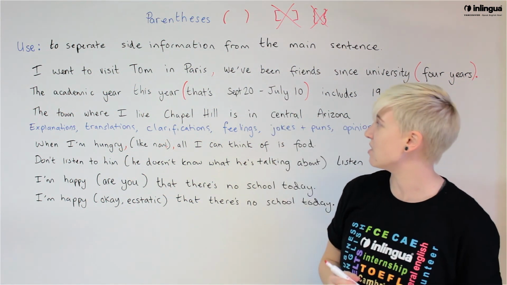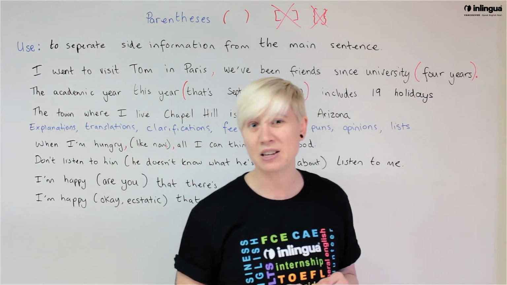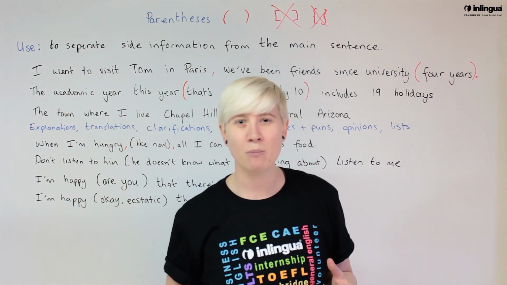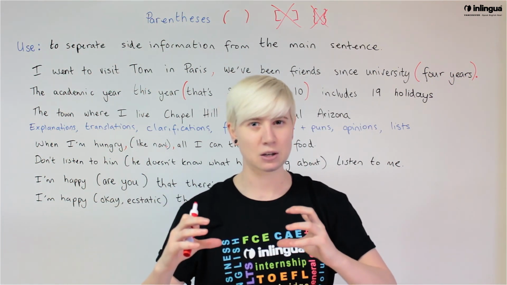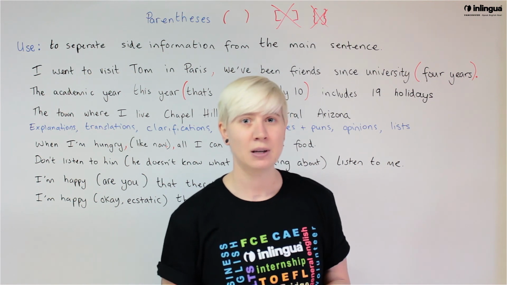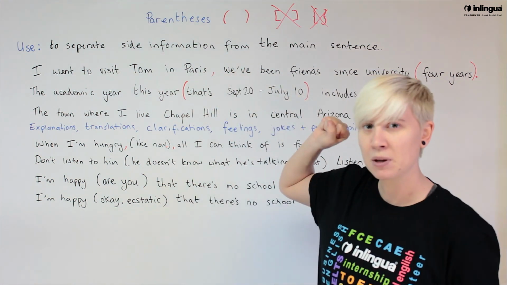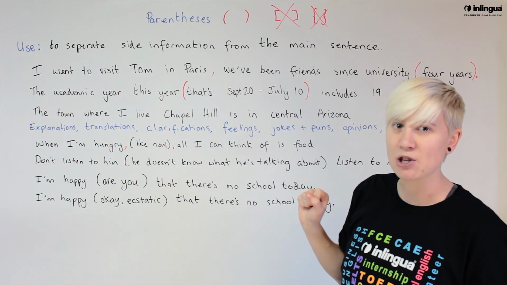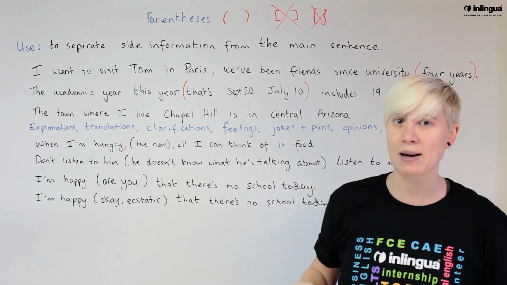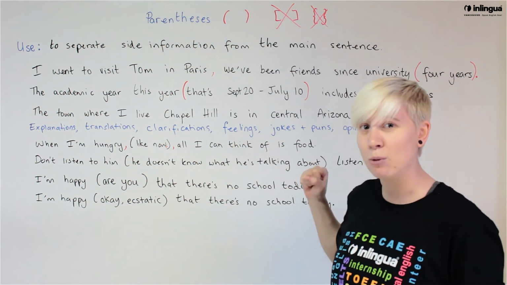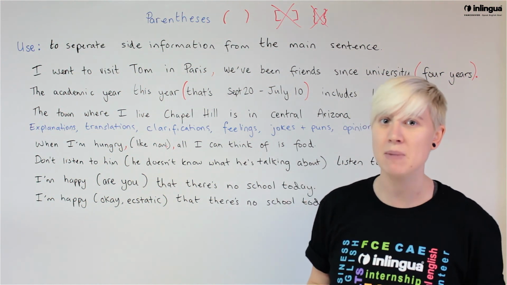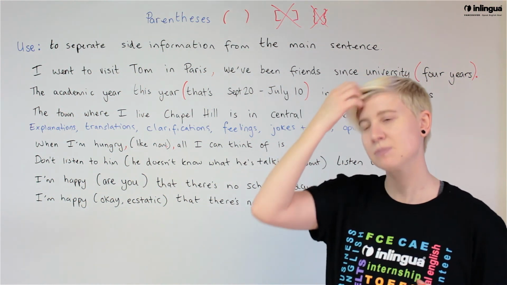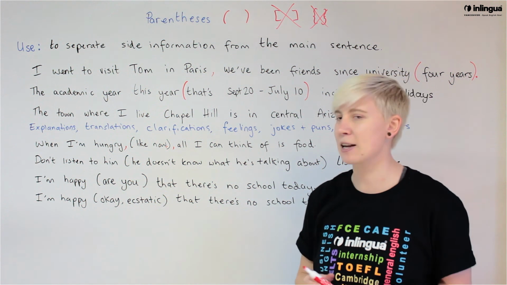The academic year this year includes 19 holidays, and make our sentence a lot more effective, efficient. And that is always true. If you cannot remove the parenthetical expression, then it is not used correctly. We need to be able to take it out if we want to without changing the meaning of the whole sentence.